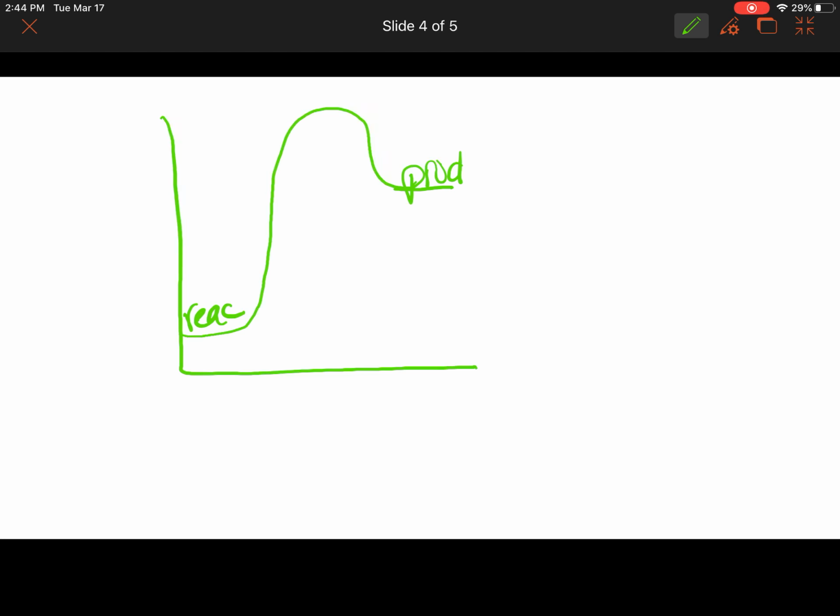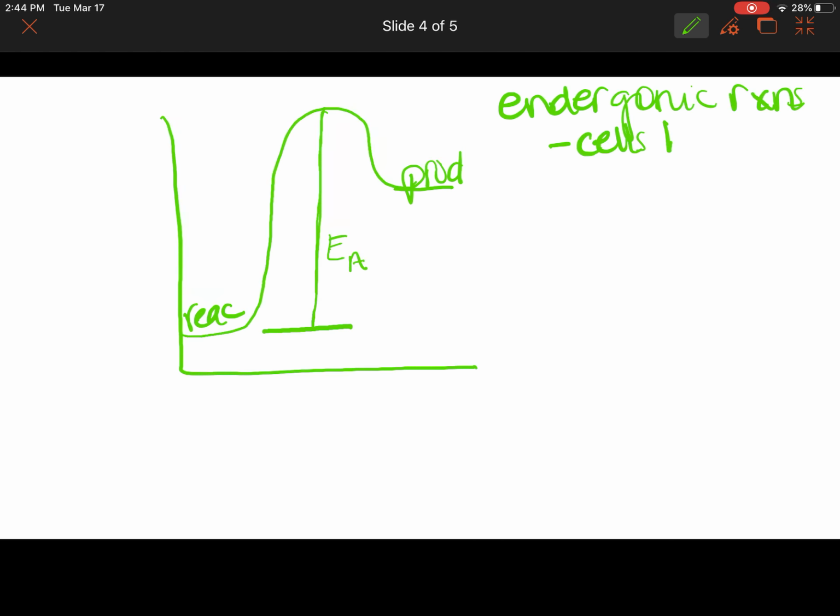And it always starts from where the reactants start and goes up to the top of the peak. So for an endergonic reaction, we've got a large energy of activation because we've got to go from way down here where the reactant started to way up here on the top of the peak. Okay, so these are endergonic reactions. We're having to put energy, or cells are having to put energy into the system.